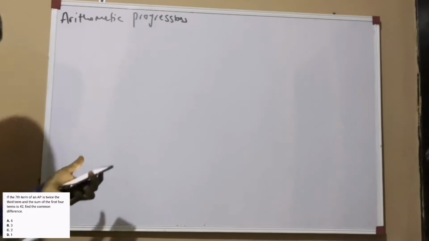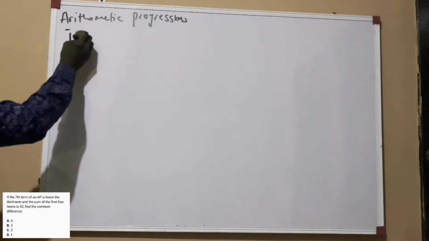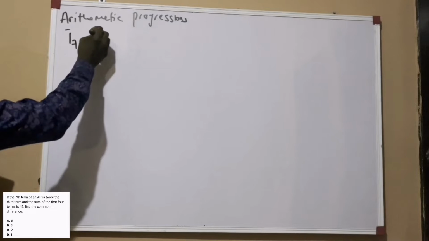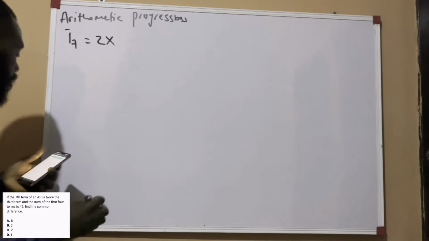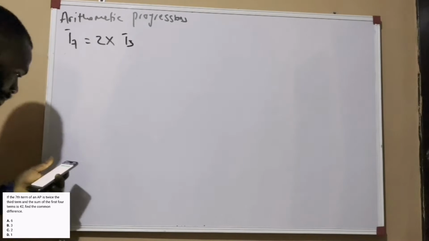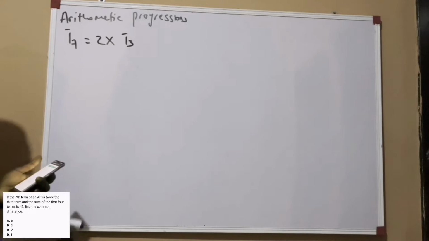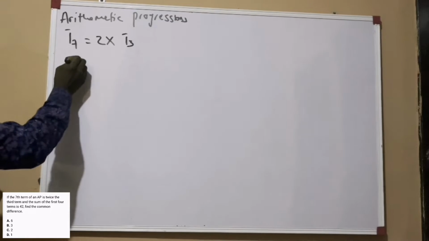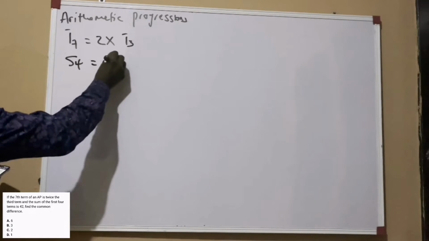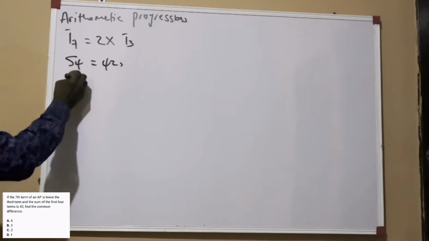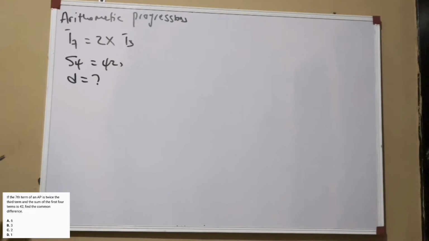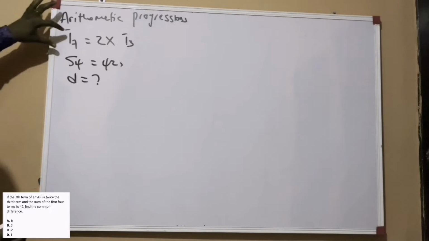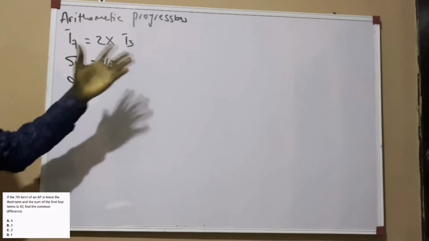It says, if the 7th term of an AP, which is T7, is twice, which means 2 times, the 3rd term, which means T3, and the sum of the first 4 terms, which means S4, is 42, find the common difference. Now you see, we are asking for the common difference here, given the 7th term is twice the 3rd term, when the sum of the first 4 terms is 42.